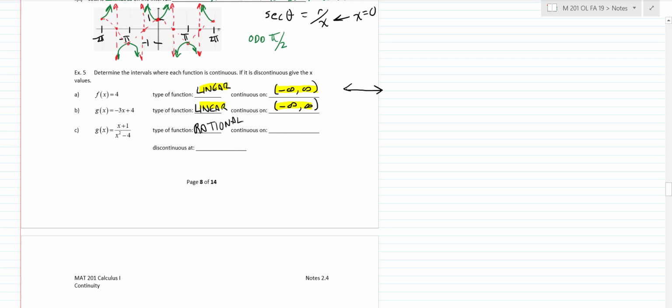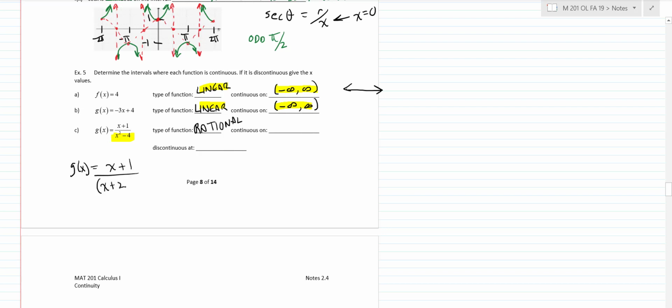Okay, so whenever you have a rational function, what do you focus on? You focus on the denominator and try to figure out what makes it 0. You're either going to have vertical asymptotes or holes, or you may have situations where the denominator is never 0. On this one, it's just a matter of doing your factoring. This one you could certainly do in your head.